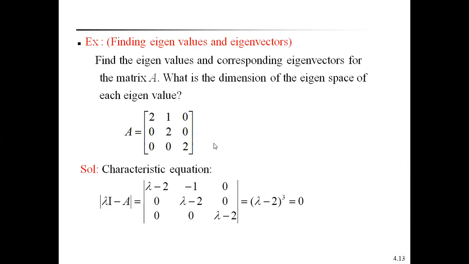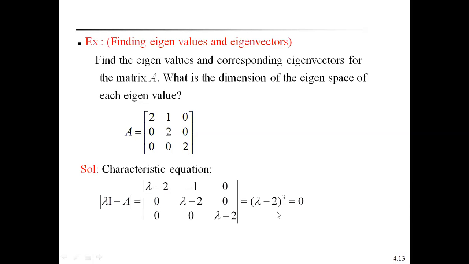First write the characteristic equation. The characteristic equation means det of (lambda I minus A) equal to 0. Here we have [lambda minus 2, minus 1, 0; 0, lambda minus 2, 0; 0, 0, lambda minus 2]. This is a triangular matrix, so in the determinant we can directly multiply the diagonal elements, and we get (lambda minus 2) whole cube equal to 0.